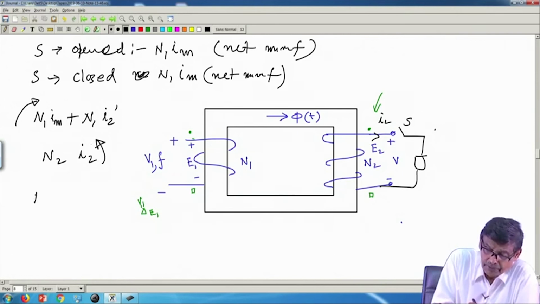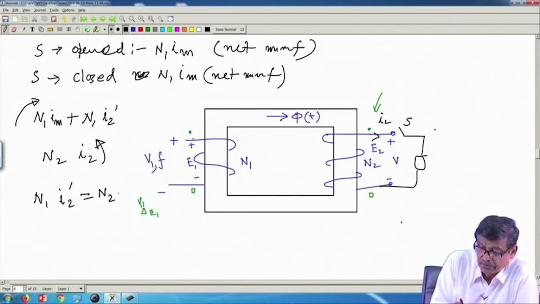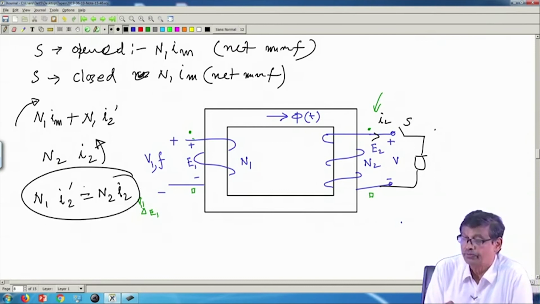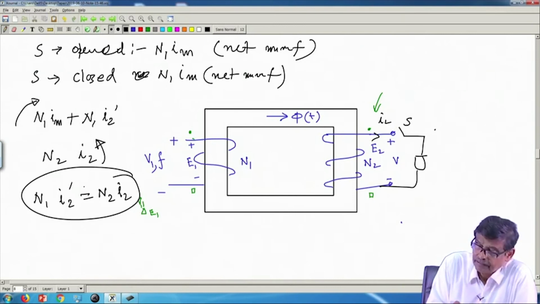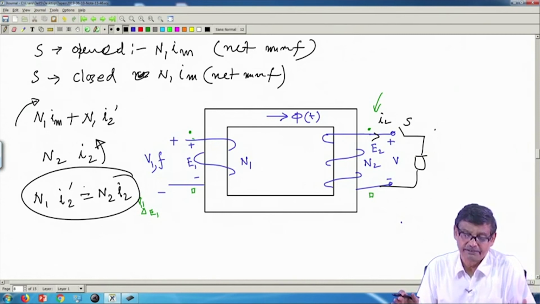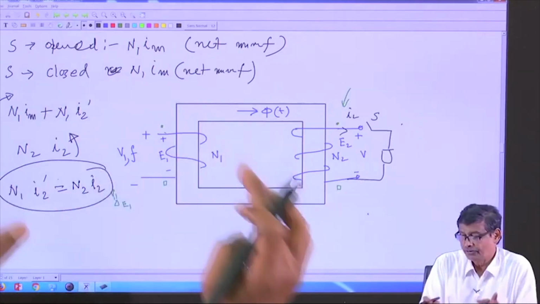Therefore, these two MMFs, N1 I2 dashed and N2 I2, if these two things are equal for all the time, mind you I2 is varying sinusoidally, then everything is fine. These two will cancel out.